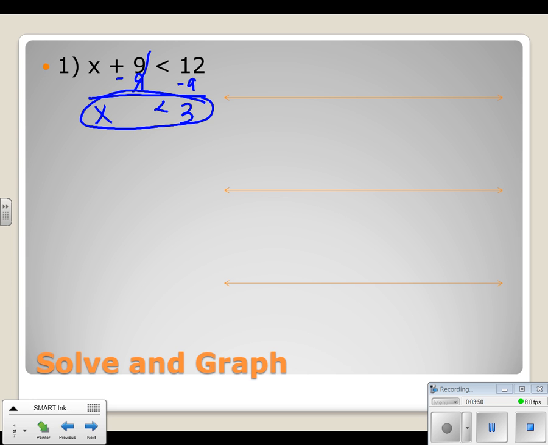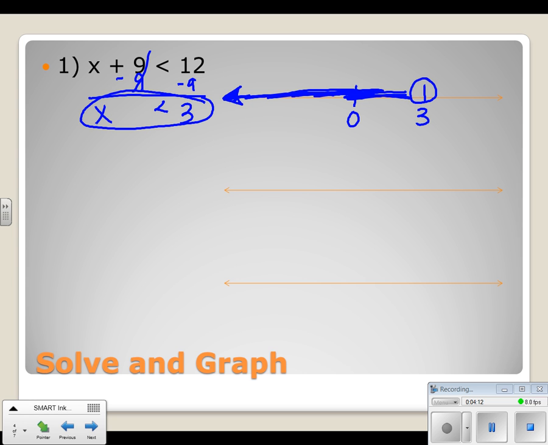We graph our solution. It's an open circle because it can't equal 3. It's anything less than 3, so we shade to the left of 3. Anything shaded would work in that inequality. If we look, 0 is shaded right here.